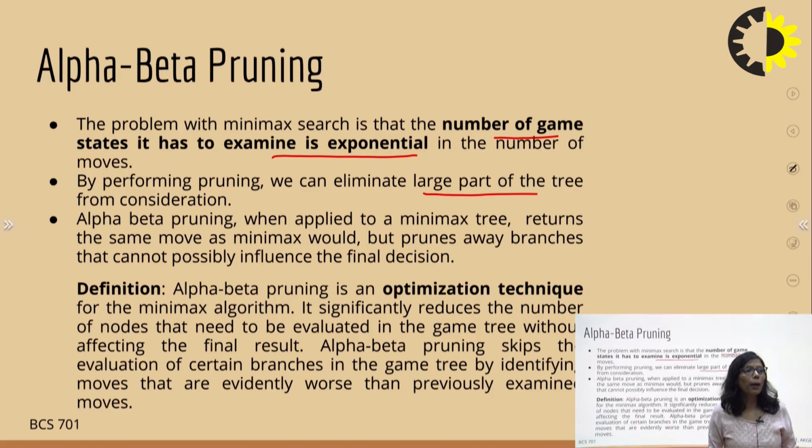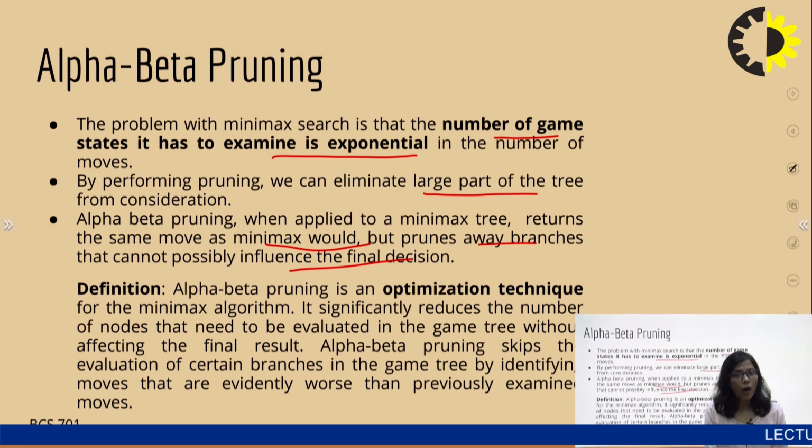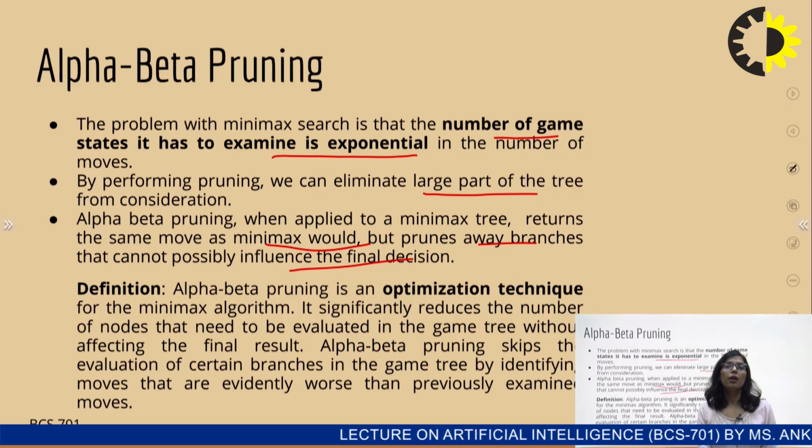So when alpha beta pruning is applied to a min-max tree, it returns the same moves as min-max would, but prunes away branches that cannot possibly influence the final decision. So basically, alpha beta pruning will give you the same result as the min-max algorithm, but in lesser time. Why lesser time? Because we are able to prune the branches that are not necessary for us to visit. Why?